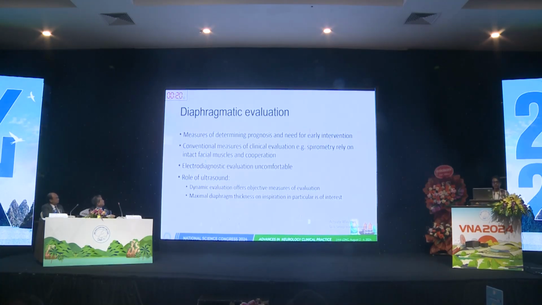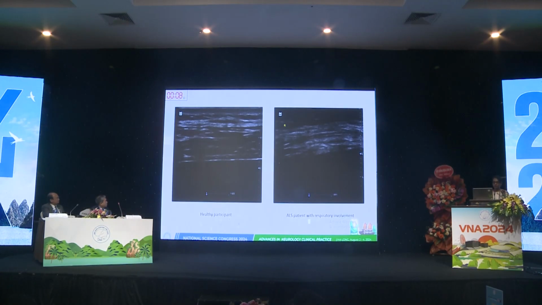A very important evaluation is looking at the respiratory muscles. We do vital capacity, but the patient can have muscle weakness and it takes a lot of effort, so you can't really detect that very well. So one of the things that we do is look at the diaphragm as well, okay? And this is what you have to get used to. This is your diaphragm here, and it's over here for the patient with MND.